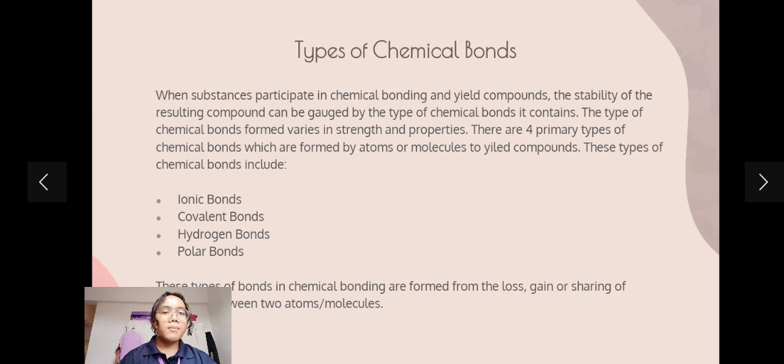There are 4 primary types of chemical bonds which are formed by atoms or molecules to yield compounds. These types include ionic bonds, covalent bonds, hydrogen bonds, and polar bonds. These types of bonds are formed from the loss, gain, or sharing of electrons between two atoms or molecules.